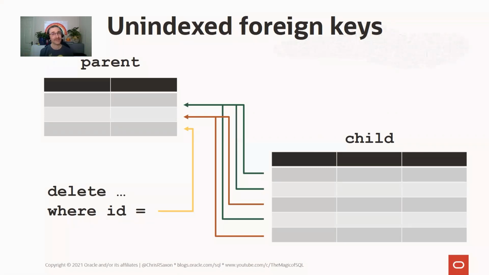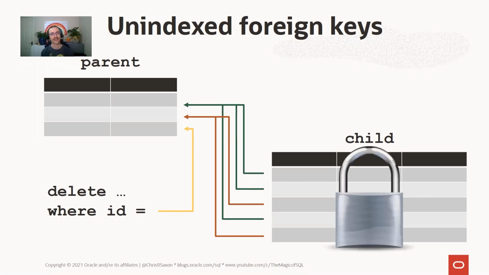And at the same time, it also has to prevent any sessions adding a new row with the value we're about to delete, or updating any existing rows to that value. So even though we're deleting a row which has no match in the child, the database will still take out a full table lock. It will lock all the rows in the table briefly while we actually remove that row from the parent.